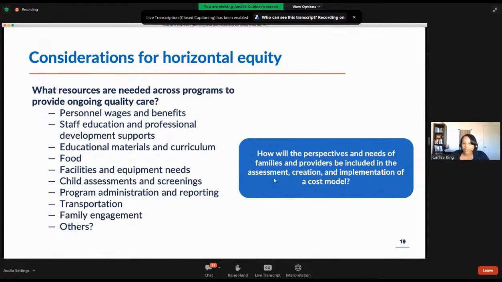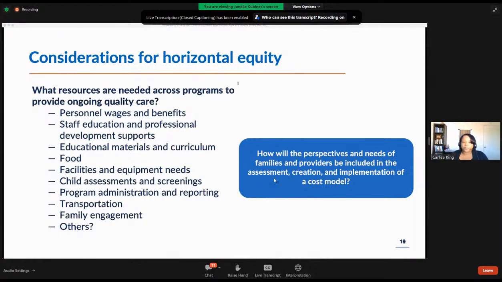Are there other inputs that need to be considered beyond personnel, ongoing professional development, program materials, food, administration, child assessment, transportation, or family engagement? And then applying the equity definition I shared from our last call, what are the ways we can involve families and providers in this decision-making process? As you're embarking on this new methodology, it will be important, as was noted, to create processes for ongoing assessment of the methodology, as well as monitoring its implementation.